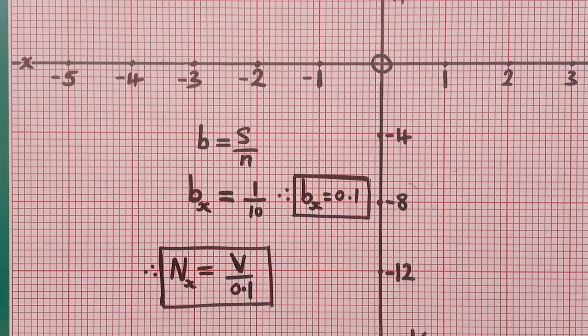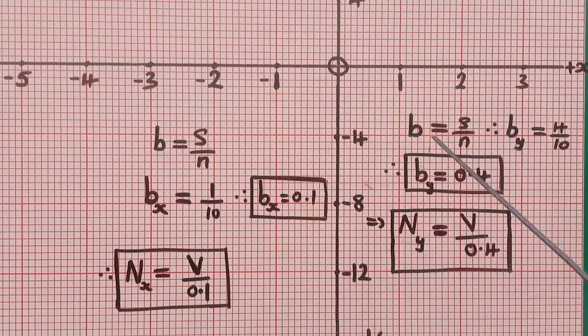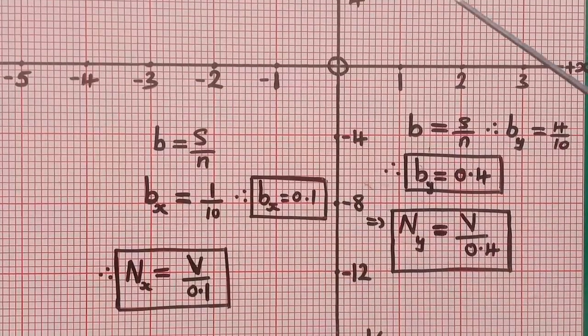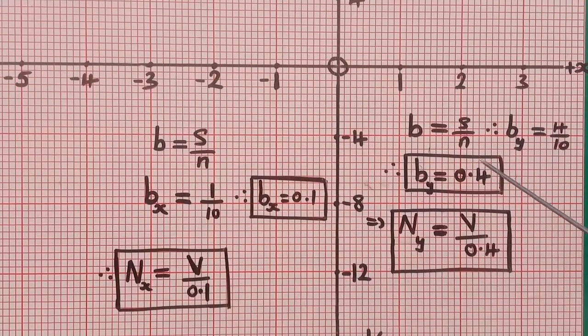Let's do a similar thing for the y-axis. See it here. The formula for finding the value of one unit box remains the same thing: the scale over the number of boxes in one interval. For this y-axis, the scale is 4. That is, the value of one interval is 4. That is why this scale must be replaced by 4. And we have 10 unit boxes in one interval.